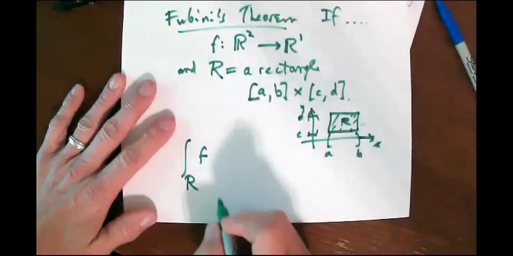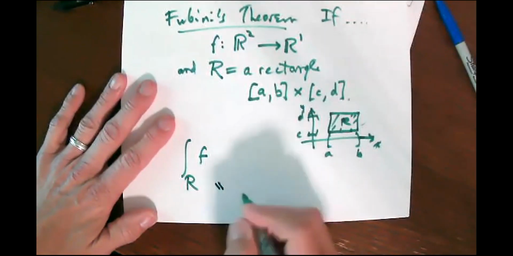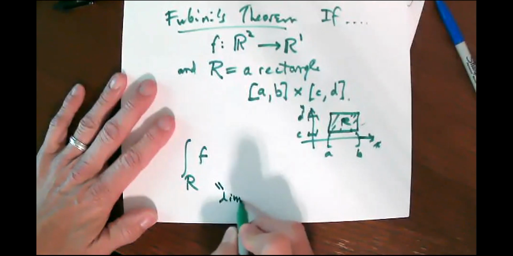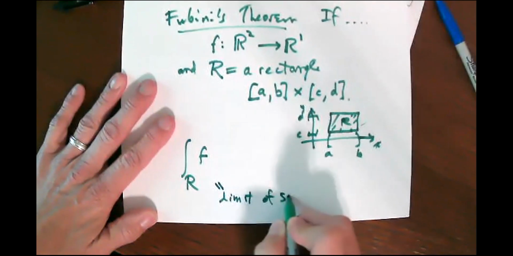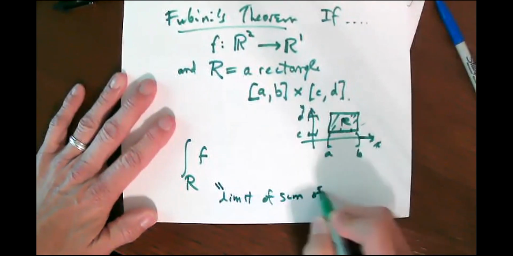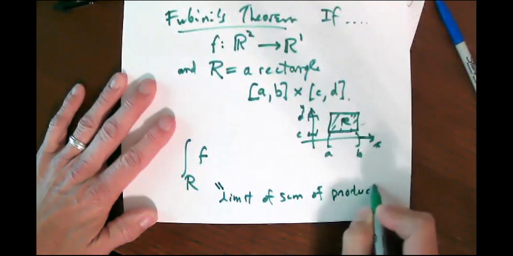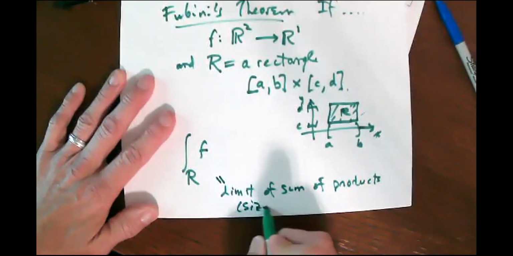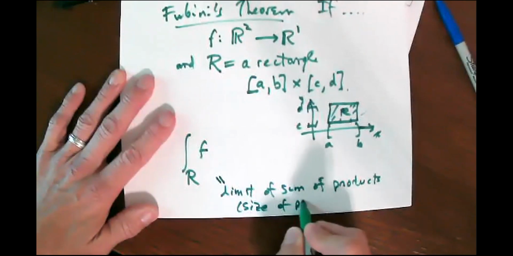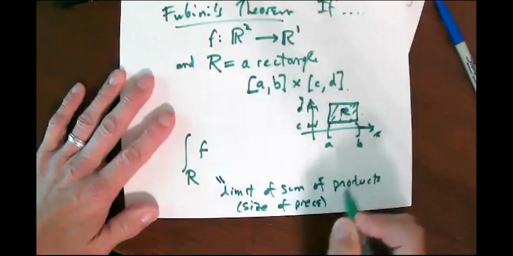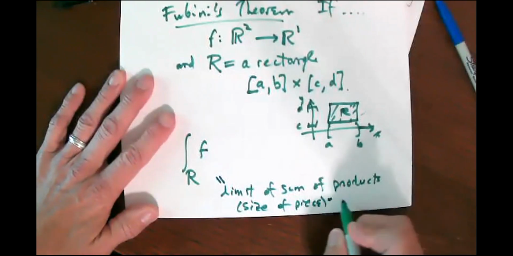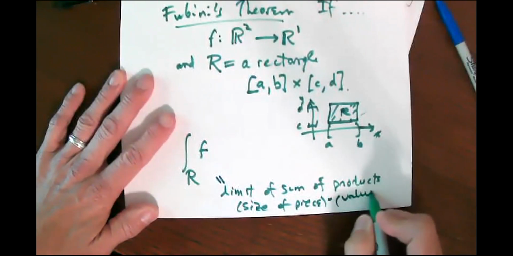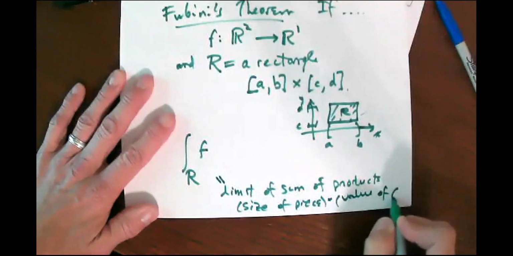It's not part of Fubini's theorem, but what the notation means is a kind of limit of a sum of products. You take the size of a piece, in this case a piece of the set R, multiplied by the value of the function f somewhere inside that piece.